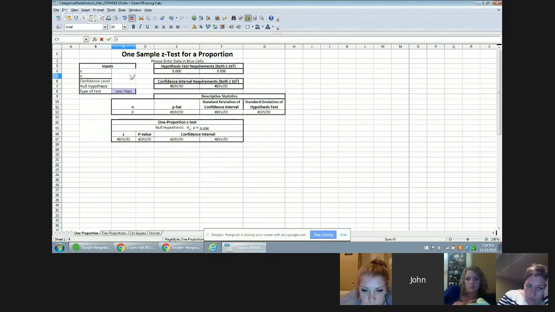I think you just overthink these things. If the sample size is 200 and you need to get a p hat of 0.20, take 200 times 0.20. It's 40.